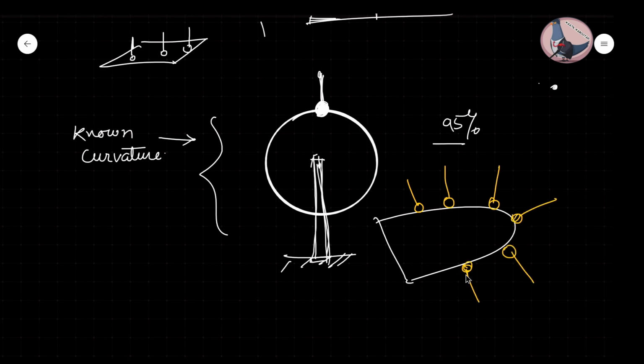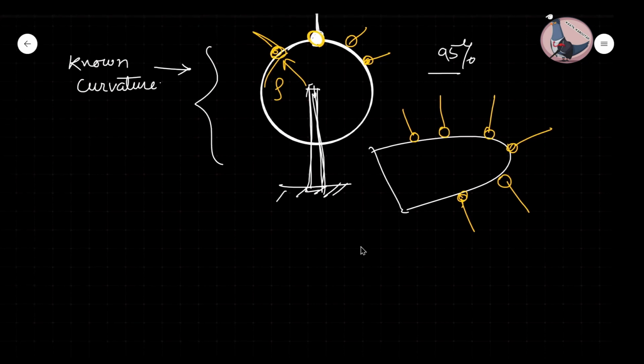You can see this probe direction is changing. So to take care of this directional nature of the probe, we take an object with known curvature, and then we do the testing. By that, at least we will know that with this curvature, you are getting this much repeatability. If there is some unknown curvature, then it's different.